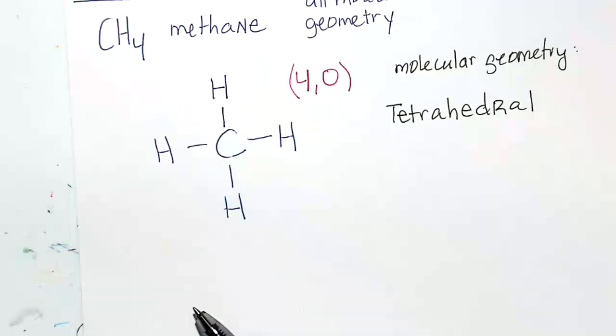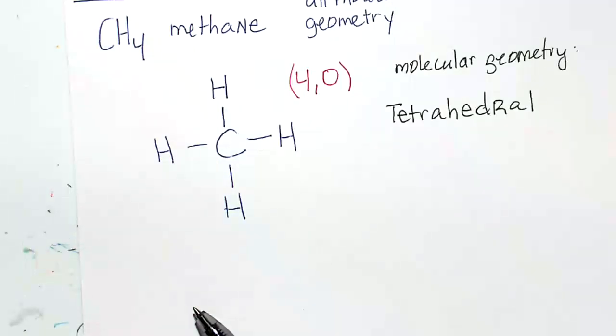What's coming and sticking out towards you guys? Hydrogen. And then what's coming behind? This is on the plane, this is sticking towards you. What about the fourth hydrogen? It's behind.